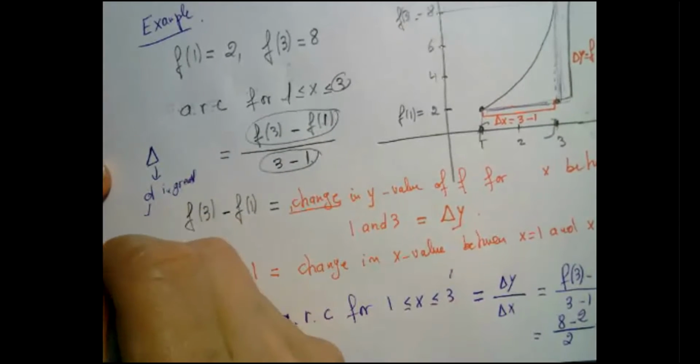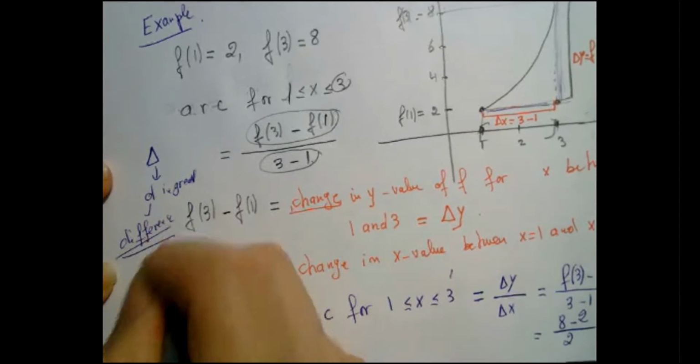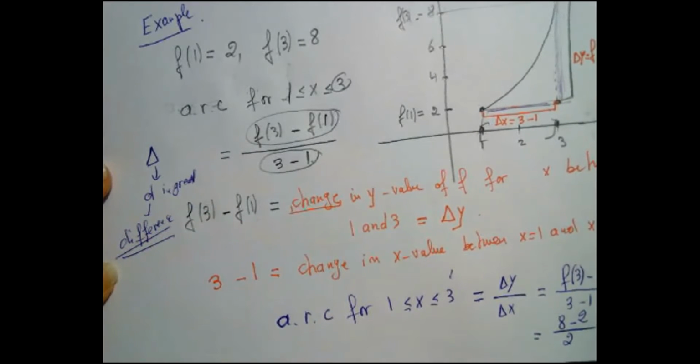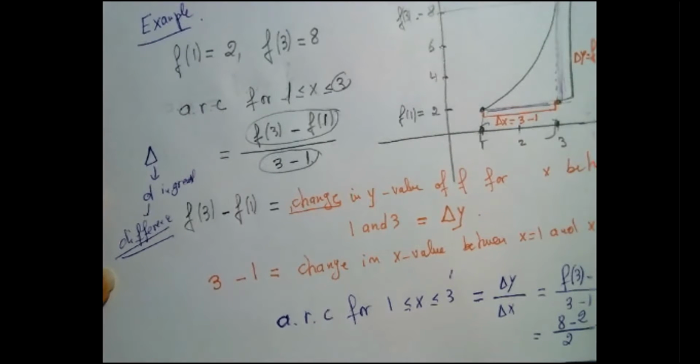The D is difference. Here, I'm taking the difference between two quantities: the value at 3 minus the value at 1. So another way to write the equation is delta y over delta x, because it's the difference in y and the difference in x.